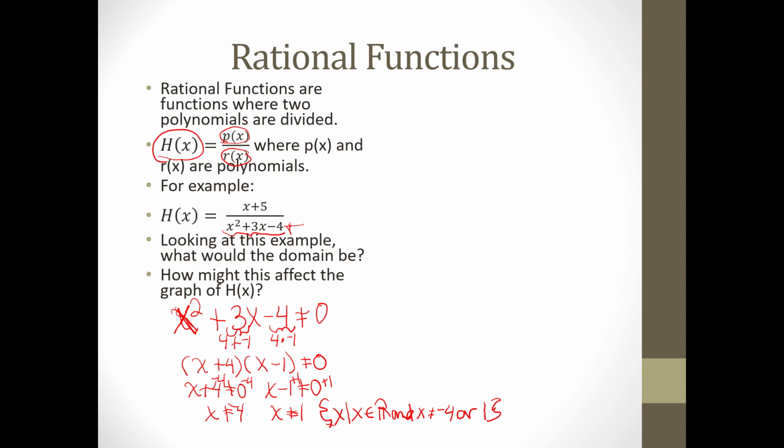That would be our set notation for our domain. Now, let's look at the graph and see how this affects it, and that might help us get interval notation for the domain. Our restrictions, if you were asked for what the restrictions are, would just be the negative 4 and the 1. Those are the two numbers you can't plug in.